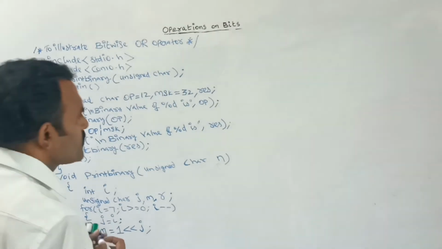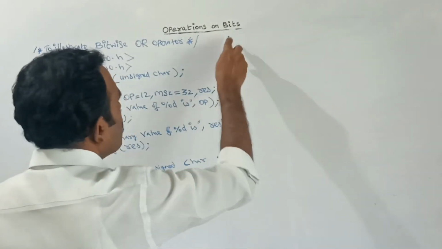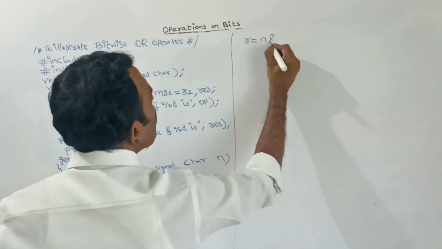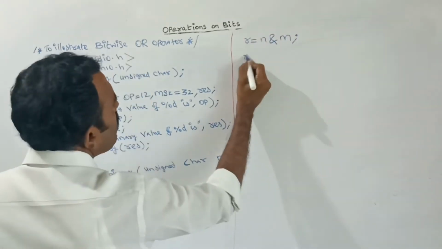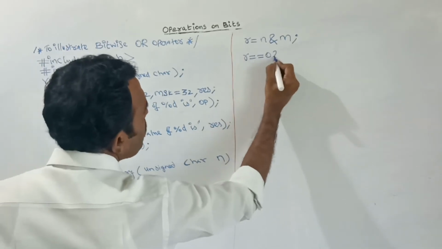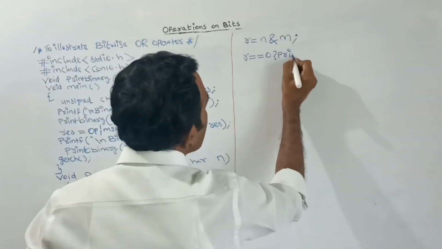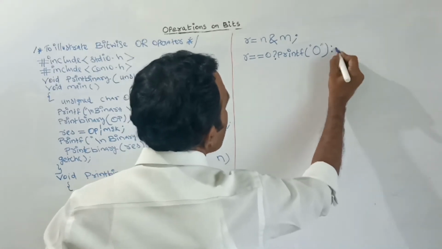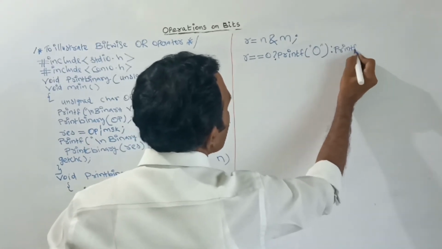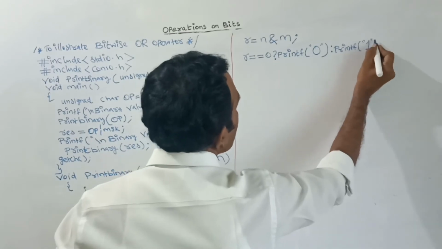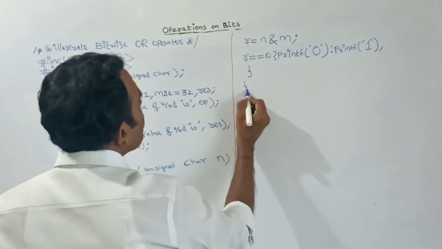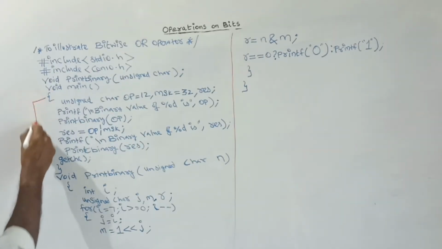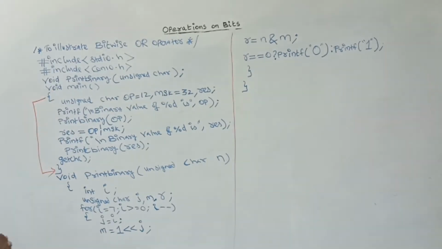See, next here no space, I am writing here. See, this is the main function, open brace and here close brace.